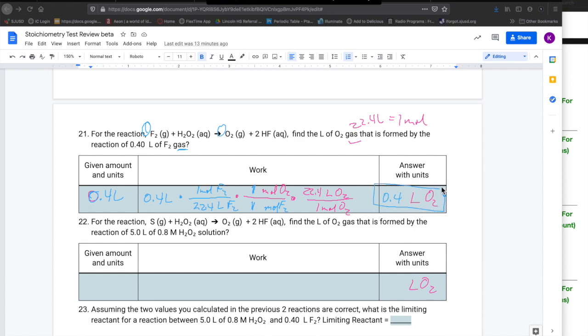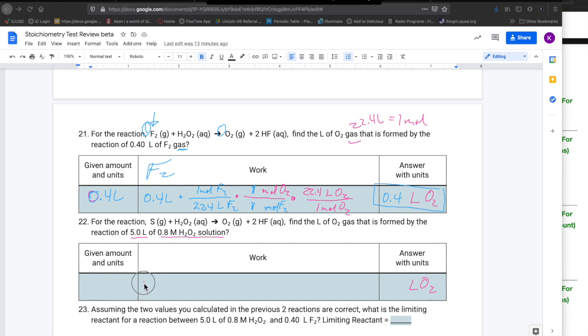Okay, so that's one of the 2 choices. This is when I started with F2, which is one of the possibilities. Now, I'm going to have to remember that number. Oh, no, we can keep going. All right, so let's switch colors for a second. And now we got liters again, but they gave us a solution.